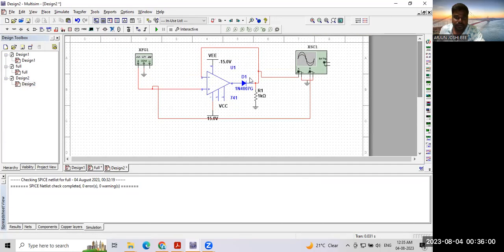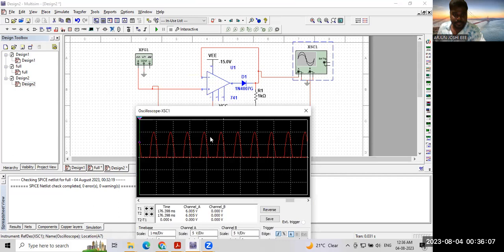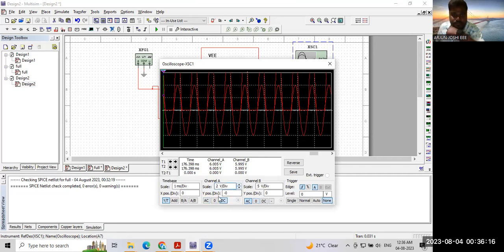You can simulate one simple precision half wave rectifier. You can observe here, the half wave rectifier.